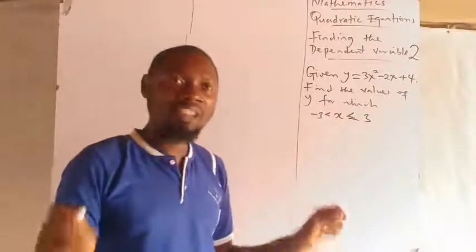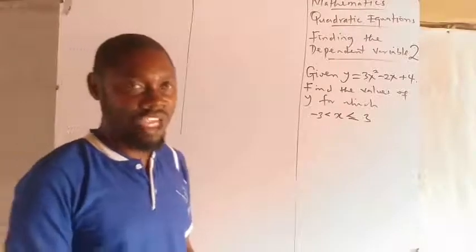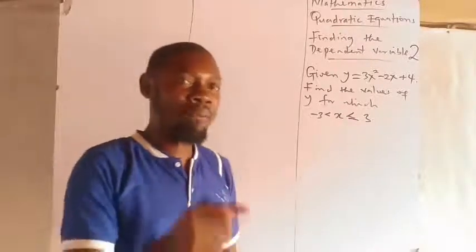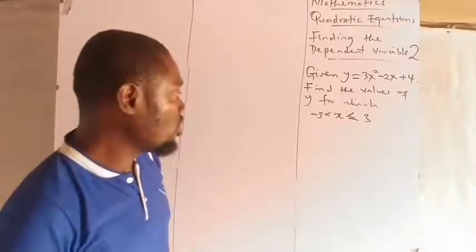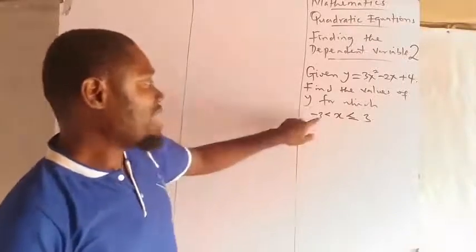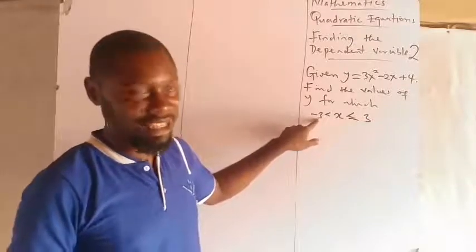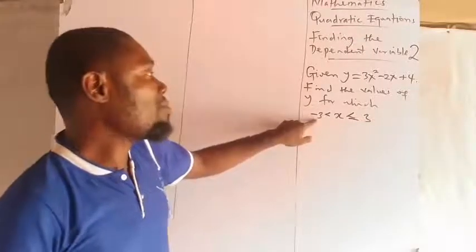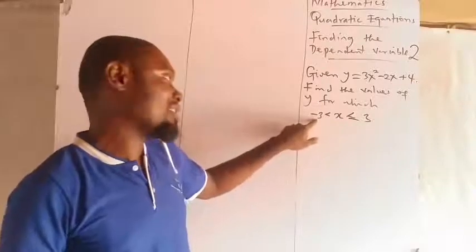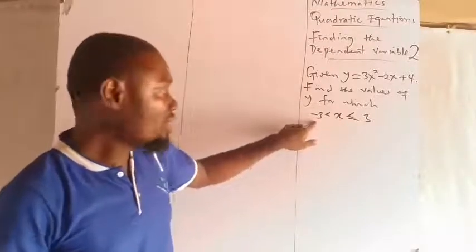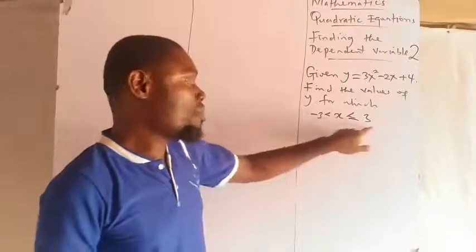According to our number line of integers, minus 3 is greater than minus 4 and minus 2 is greater than minus 3. That you should know. So minus 3 will not be part of the numbers of x in that case, because they said x is greater than minus 3. So x will start from minus 2 to plus 3.